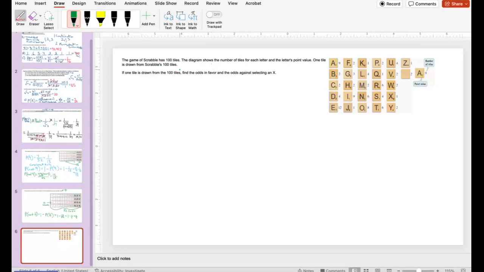1 tile is drawn from Scrabble's 100 tiles. Okay. If 1 tile is drawn from 100 tiles, find the odds in favor and the odds against selecting an X. So an X, there's only one out of 100, for the X. Let's write the probability of X. That's a good starting point. It's just 1 out of 100. Okay. And then for odds, so we have the number of unfavorable outcomes.